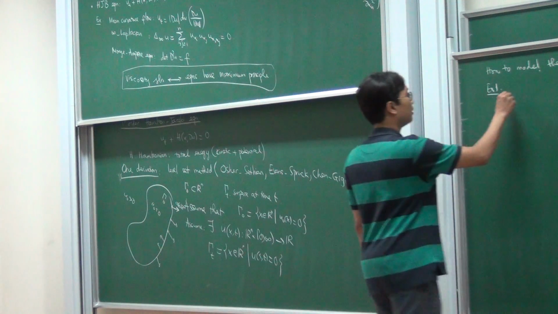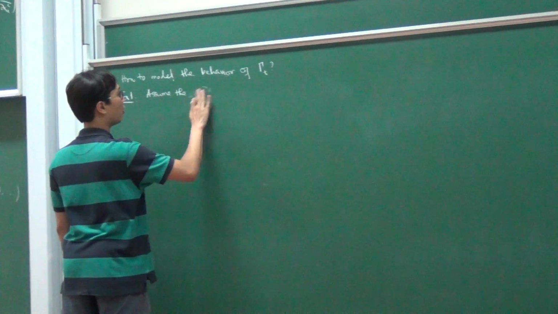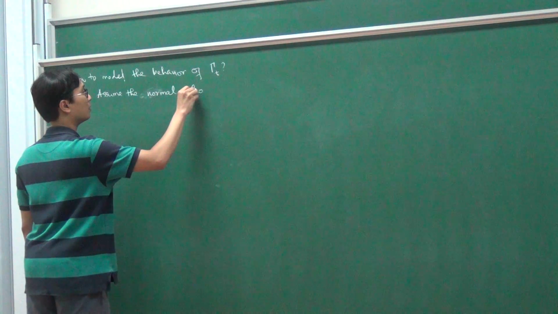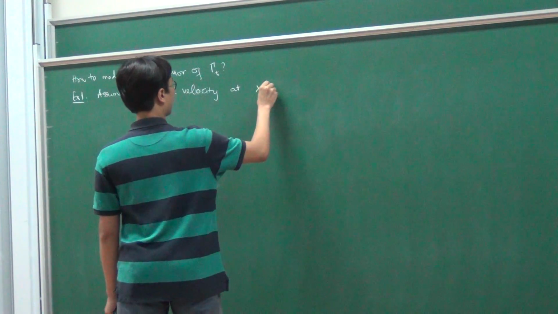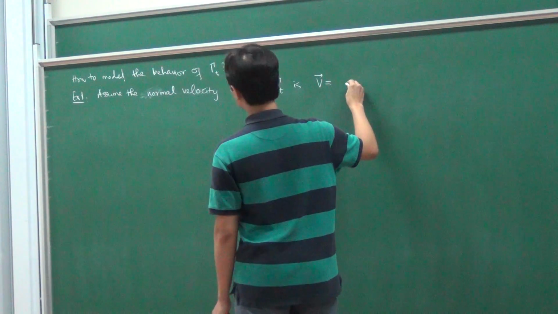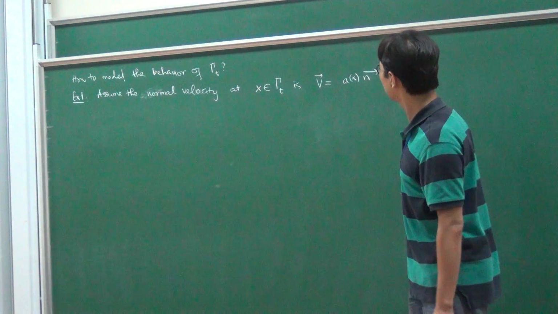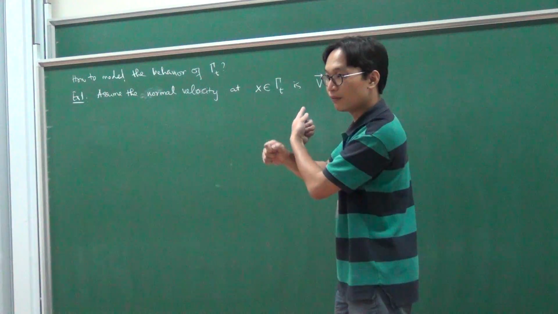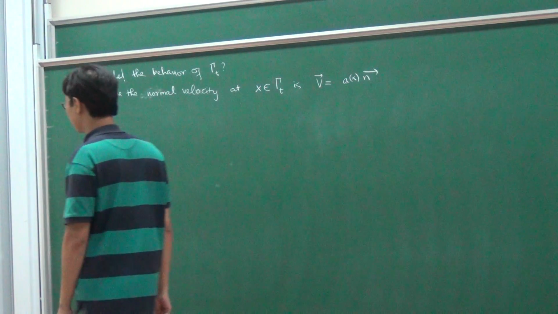So assume that the normal velocity at any point x on gamma t is basically equal to a(x) times the normal vector. So that I have this movement at any point on the surface. I have a velocity. I can change that in the end, but I have this.